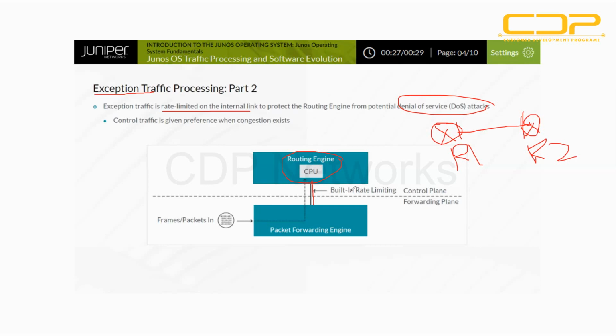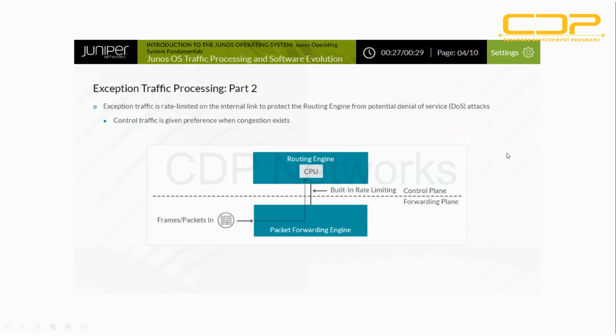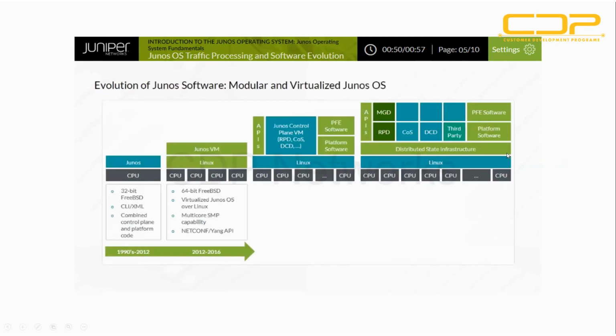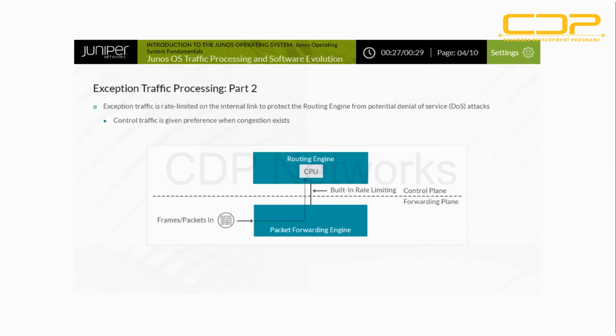This concept is very helpful for the hardware, the router, or your network devices. So this type of packet will be handled by the routing engine. This is basically the difference between exception traffic and transit traffic.